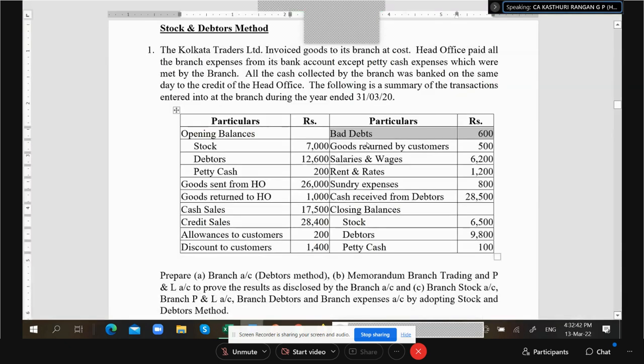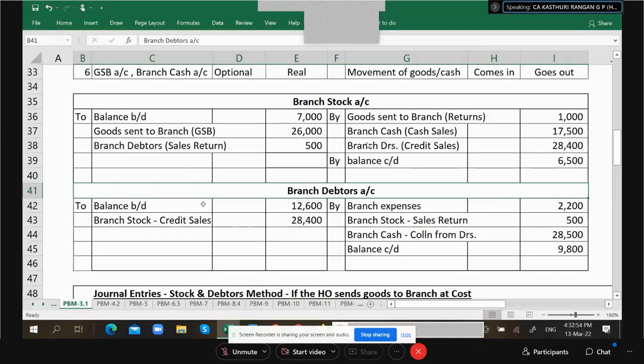How 2,200? 200 for allowance, 1,400 for discount, 600 bad debts. Total 2,200. So you can see, friends, branch debtors account will tally, because opening balance given, closing balance given, credit sale, allowance, discount and bad debt, sales return, collection from customer, closing balance. It tallies.